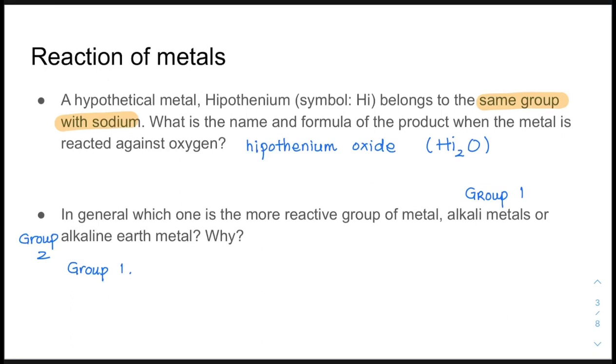Why? It's simply because we know that to react, the metal should lose its electron. Alkali metals only have one valence electron, and because of that, it is easier. It only needs to lose one.